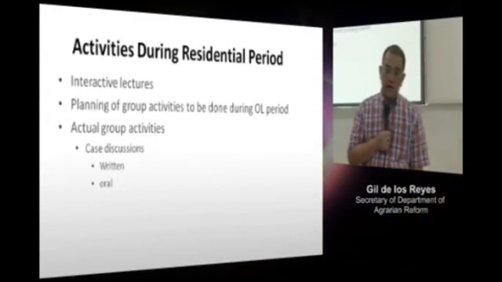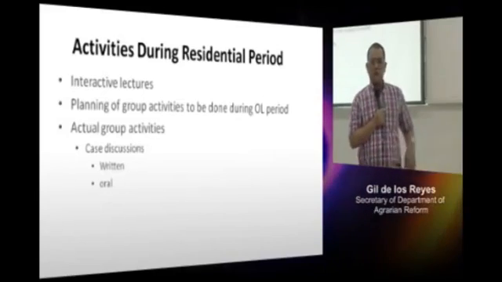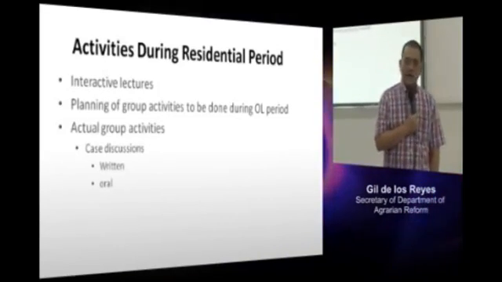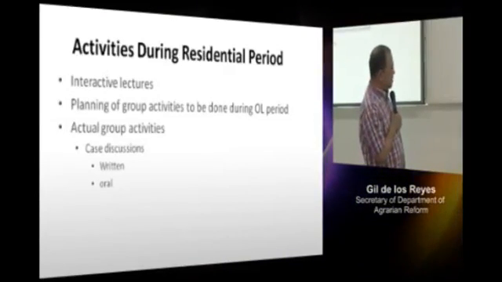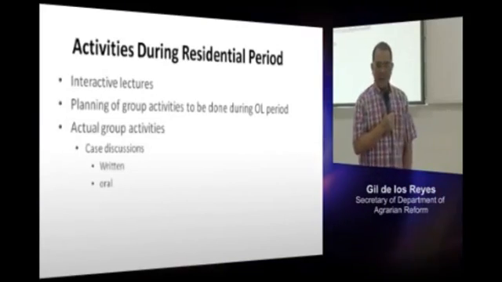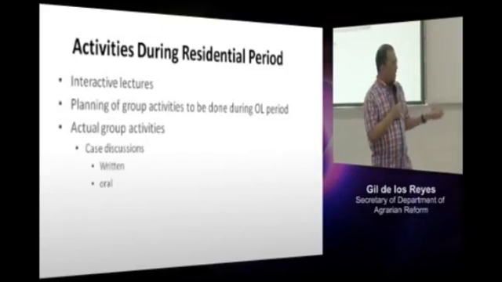I remember I used to have an office right beside AIM, and I will know when the AIM students, kailan ba deadline? Weekend ba nila ginagawa yan? You see these zombies coming out of AIM, trying to put together the CAN groups.